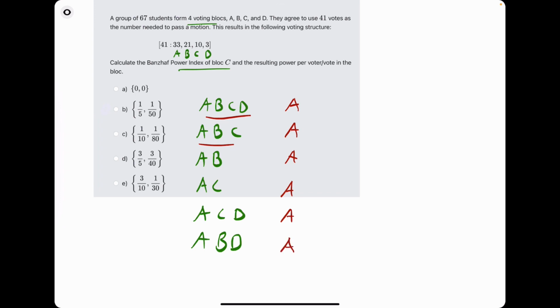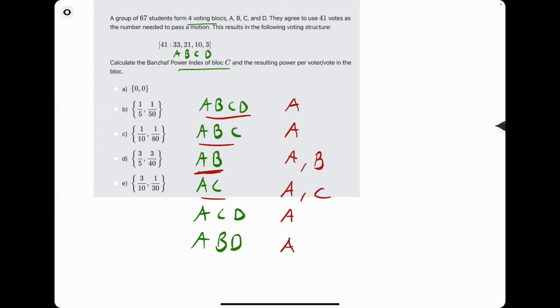Do we need B in the second one, though? We don't. Do we need C? We don't need C. Okay. But in the ones with 2, keep in mind, you usually need both of those. So in this case, AB and AC from those. Because for this one, if you leave off B, then you just have A, and that wouldn't pass. If you leave off A, then you just have B, and that wouldn't pass.